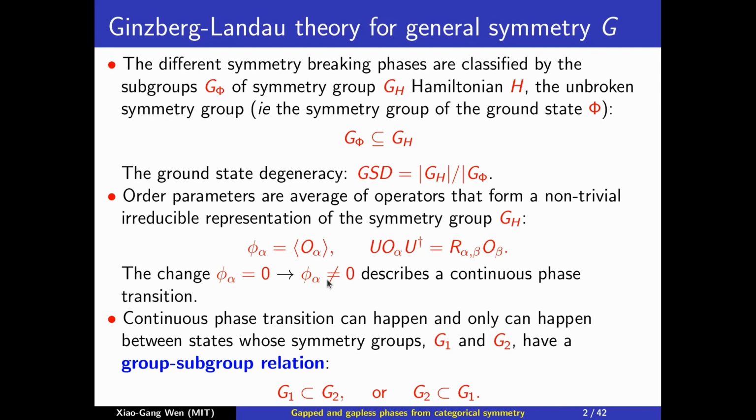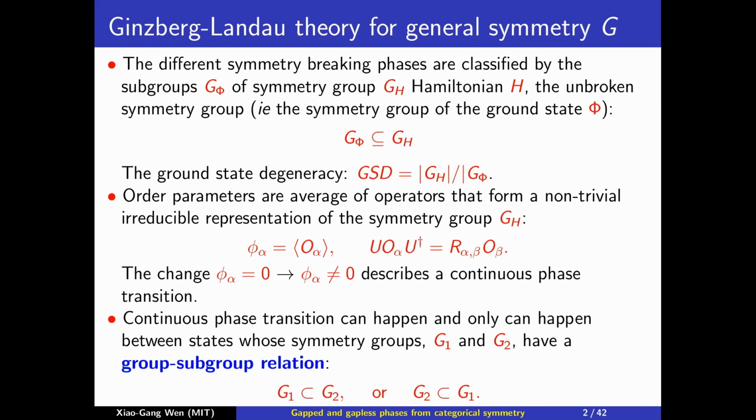According to Ginzburg-Landau theory, at least what we believe is that a continuous transition can happen only between a pair of groups G1 and G2 if G1 is a subgroup of G2 or G2 is a subgroup of G1, where G1 and G2 are the unbroken symmetry groups. This is just a standard understanding, but actually it's pretty tricky.